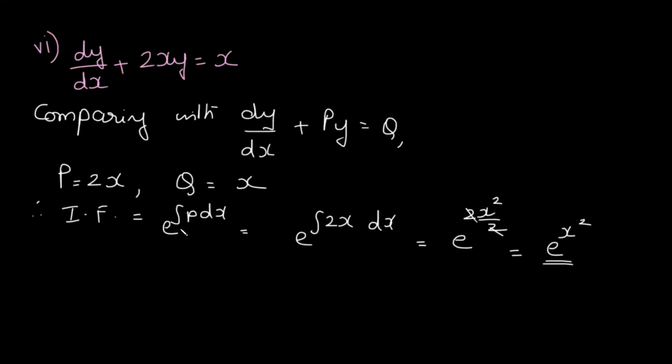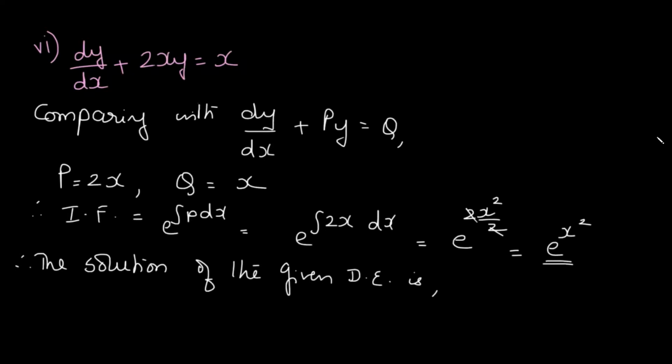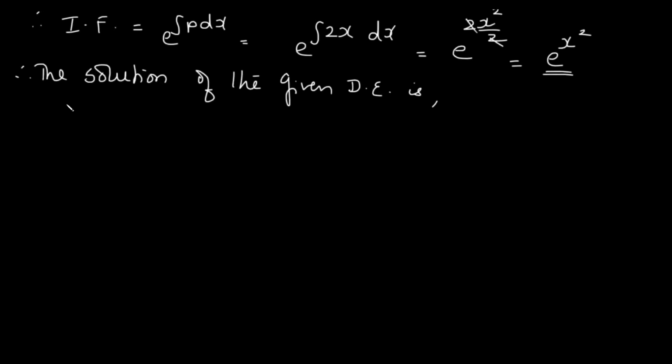So this becomes our integrating factor, and therefore the solution of the given differential equation is given by this particular formula, which we write for each sum, y into integrating factor. In this case it is y into integrating factor, because as you can see, x is the independent variable and y is the dependent variable.